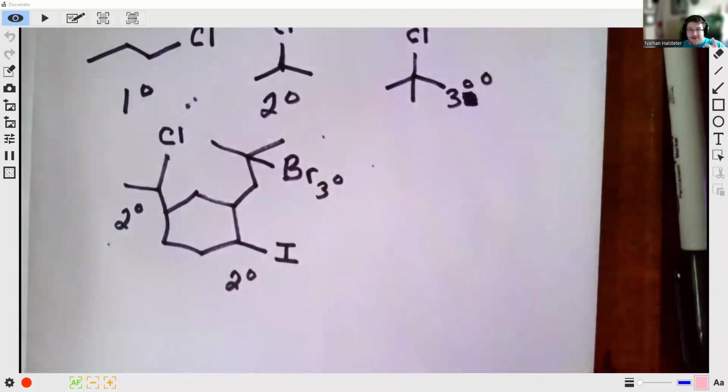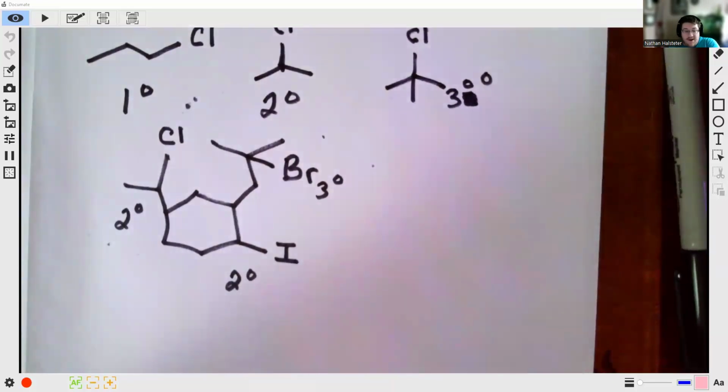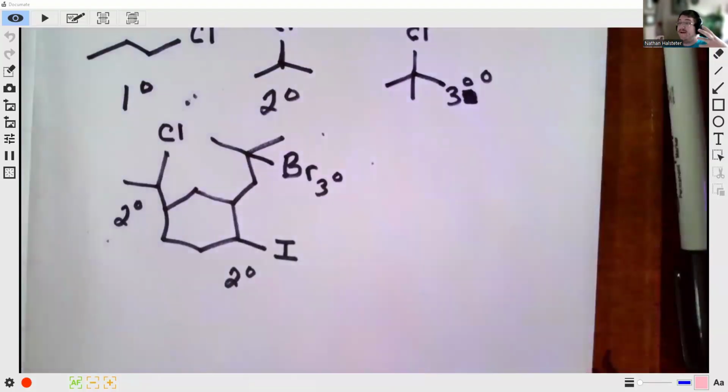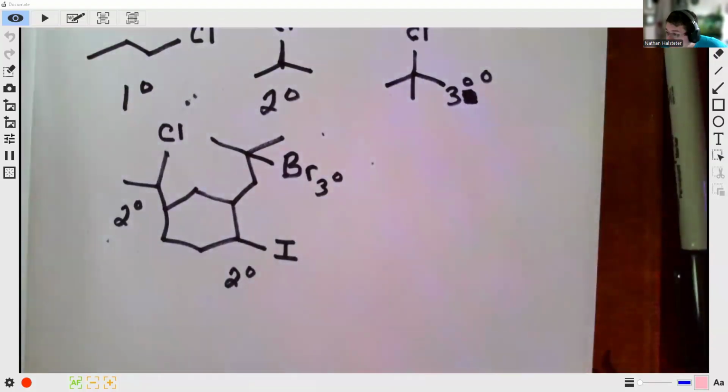Alkyl halides also have been used as pesticides. Feel free to look at those in your textbook. Other than that, I think that covers all the kind of fun information on alkyl chlorides. Let's get back to more things that I could ask you about.